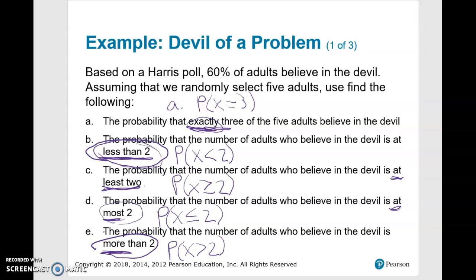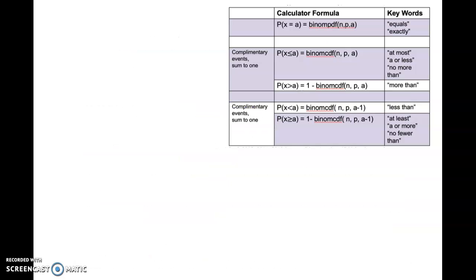We can use our symbolic form now and go back to that table in our notes to help us figure out which calculator feature we should use in order to calculate our binomial probability. In this problem, we know that our selection is out of 5 adults, so n equals 5. We also know there's a 60% chance of believing in the devil for each of the 5 adults, so probability of success, p, is 0.60.